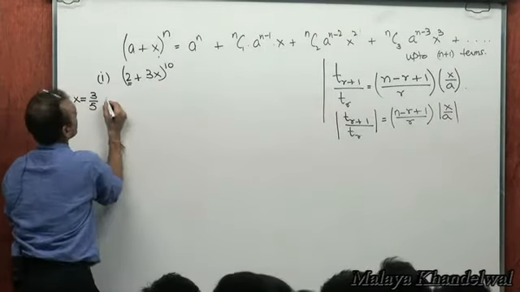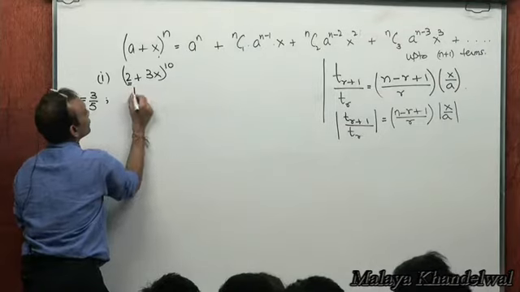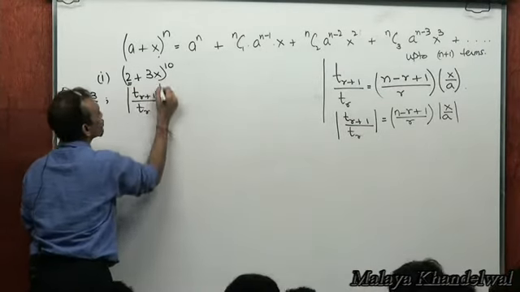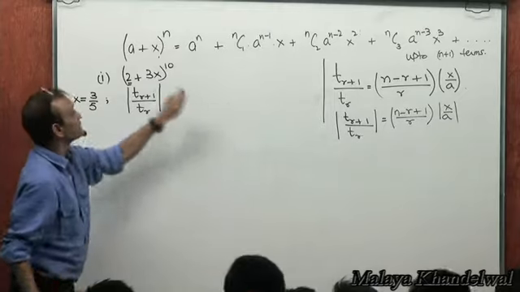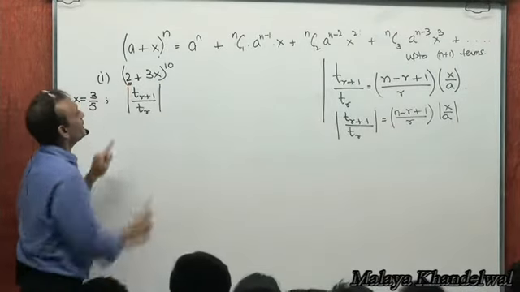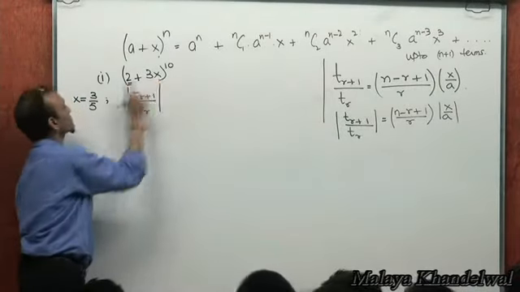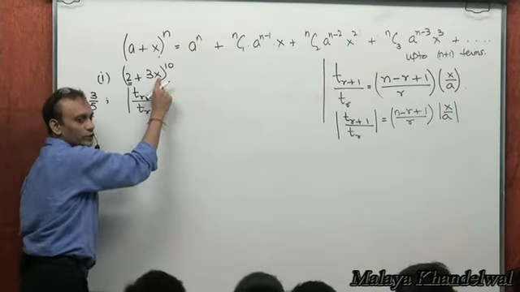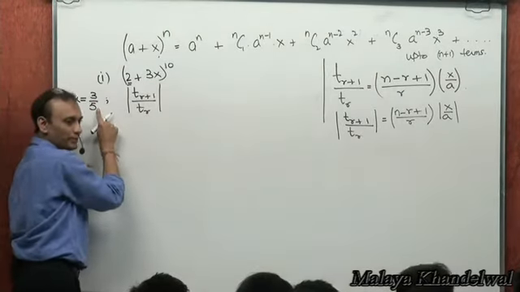Now, T(r+1) by T(r), numerical ratio of two terms. In this case, n is 10, a is 2, and x would be 3 into x. That means 9 by 5 would be x, isn't it? Instead of x, you have 3 into x, which is 9 by 5.